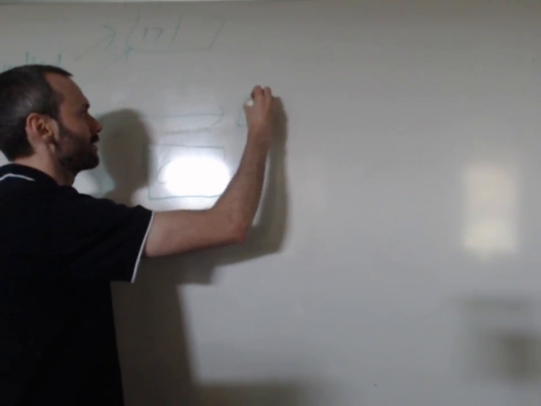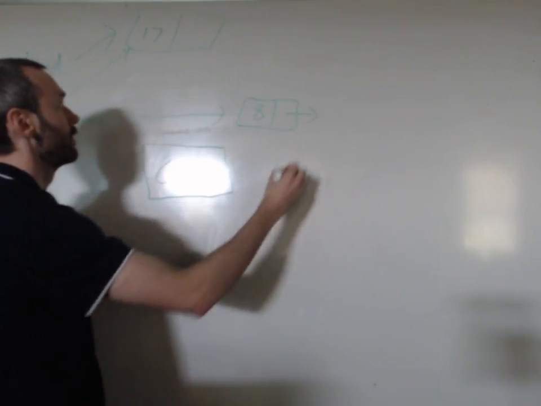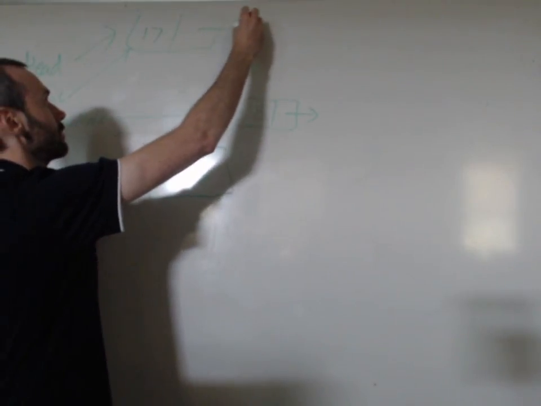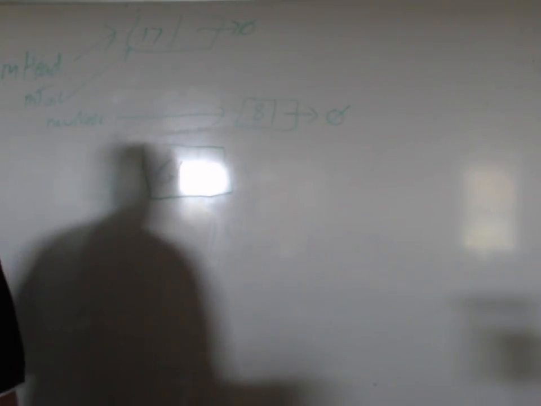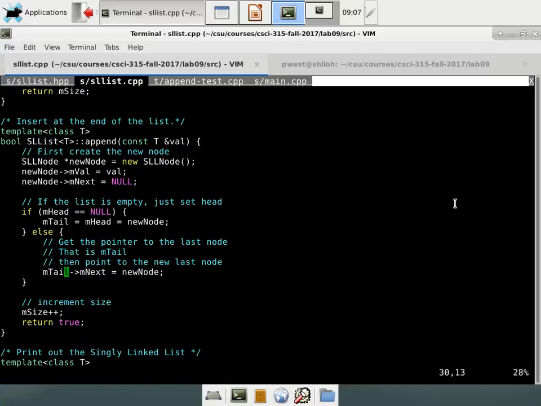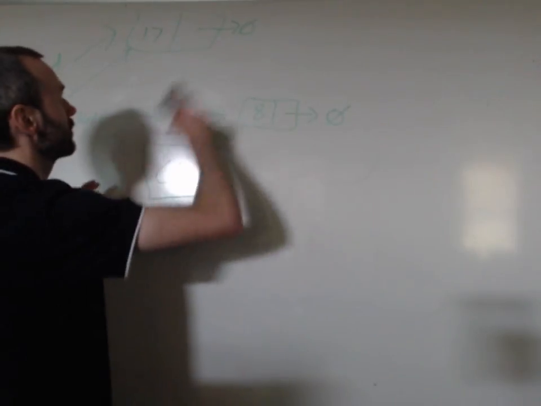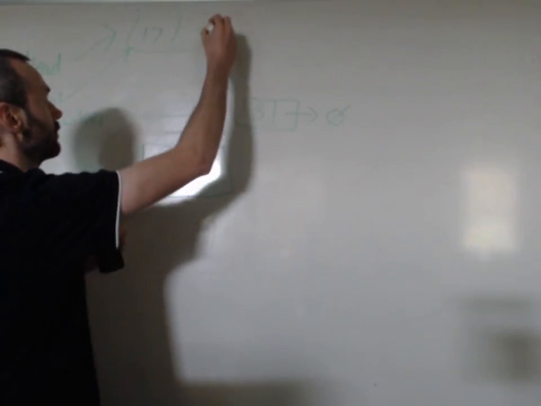We'll say 8. All right, so let's go look at our code real quick and see what it's doing. We create the new node up here. mHead's not null, so we go to the else, and we're saying mTail->next is the new node. Do y'all see that that's the line of code we need to execute? So what does that do? mTail->next goes to this new node.